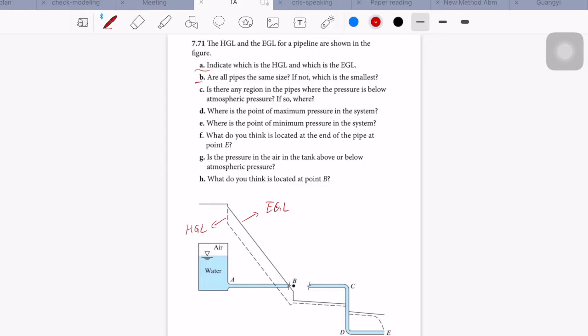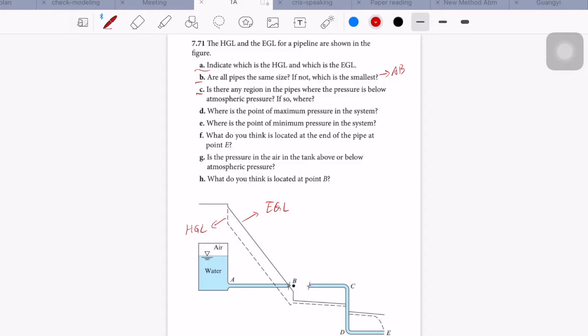Actually, the pipe AB is the smallest. Since from the figure we can see the slope of the EGL and HGL is steeper between A and B, the head loss will be larger inside the pipe with a larger velocity. For C, is there any region in the pipes where the pressure is below atmospheric pressure?